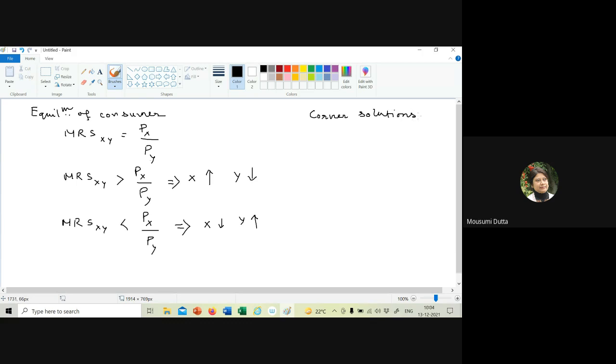Corner solutions. Last day, this MRS xy is equal to Px by Py equilibrium condition was giving an interior solution.